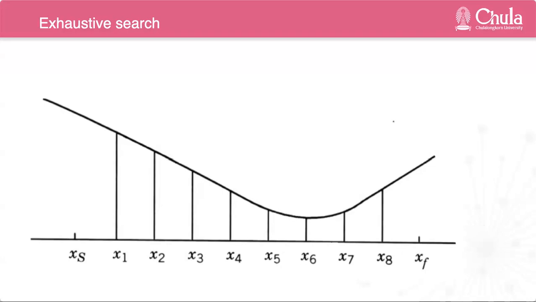Oh, I see. In the next step, the L0 becomes x5 to x7. But at the beginning, L0 is from xs to xf.